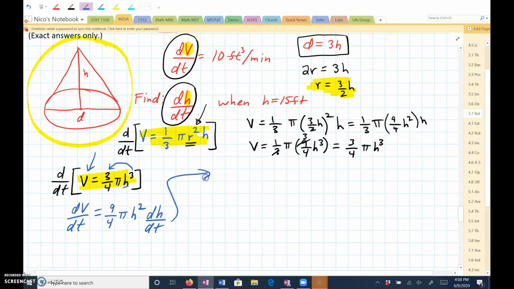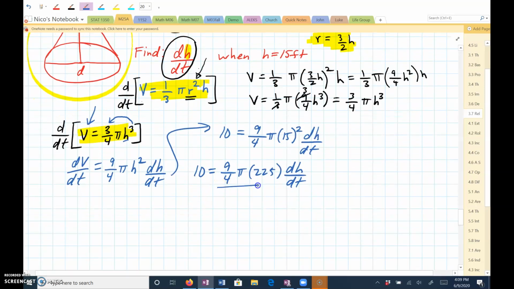Now, we want to solve for dh/dt. We know dV/dt is 10. We know h is 15. And dh/dt is what we're trying to solve for. So now I have 10 equals 9/4 pi times 15 squared, which is 225, times dh/dt.